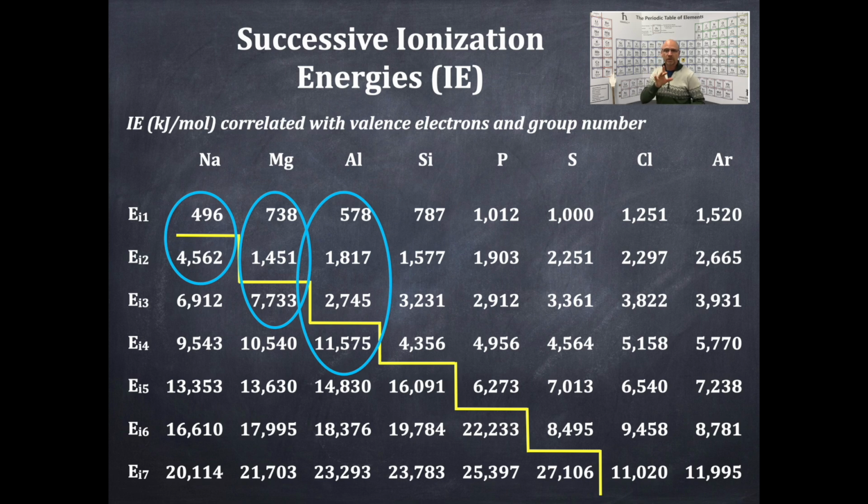So, let's go over a recap here. If you have any group 1, any alkali metal, what will their first ionization energy be? Low. Second ionization energy, huge, high. How about group 2? First ionization energy low, second is higher than the first, but the third one, boom, through the roof, baby.